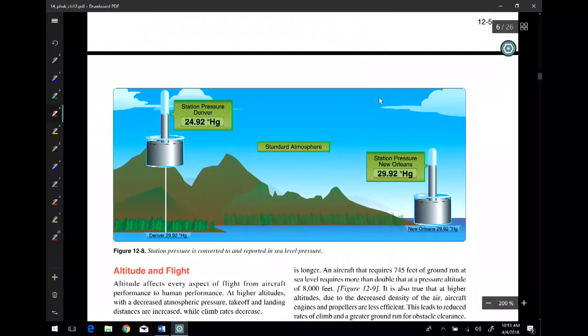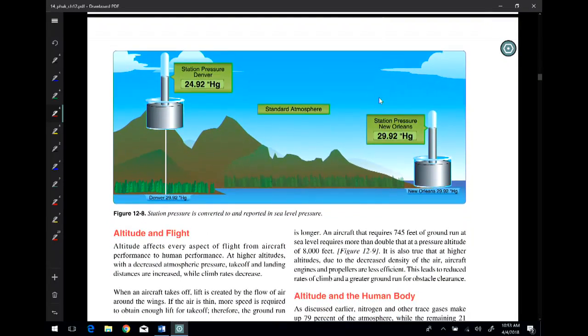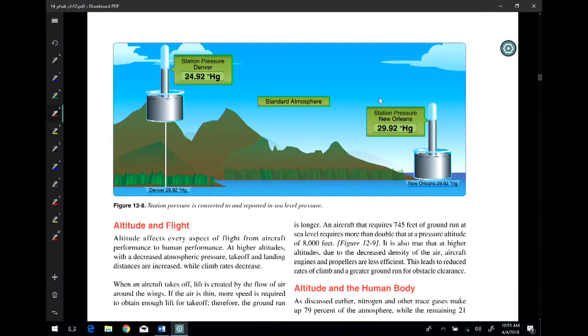So let's look at the difference between what the actual pressures would be here between New Orleans, and isn't it cool that they actually show New Orleans on here, and Denver. On a standard day in New Orleans, it's going to be 29.92 inches of mercury at 15 degrees Celsius, which is approximately 59 degrees Fahrenheit.